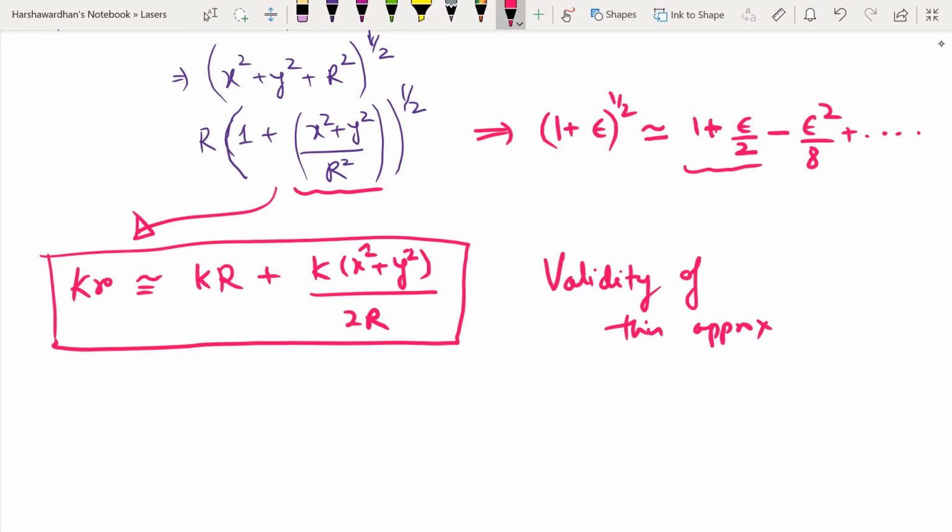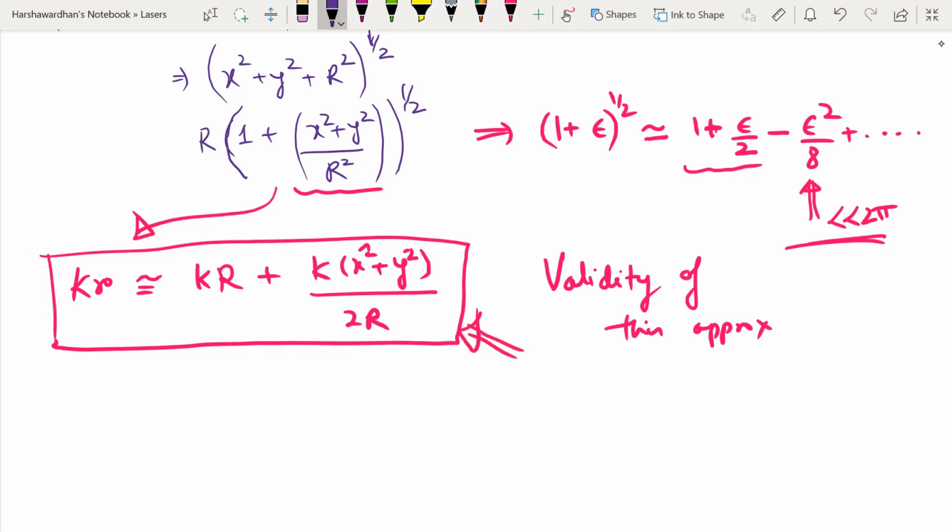So this approximation is valid if the phase, remember this is k dot r, the phase term, due to this third term is much smaller than 2 pi. Then clearly one can approximate this whole series to just what I have written down here.